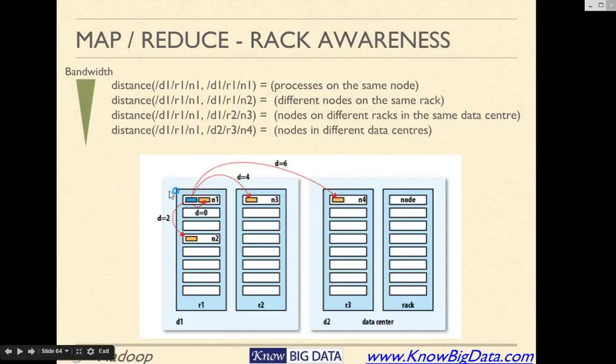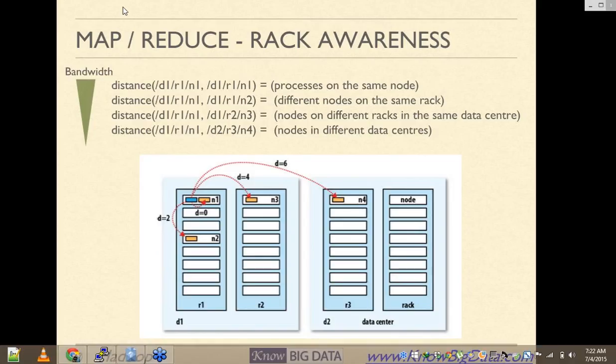Okay, quick question here. D's basically depict data centers, R depicts racks, and N depicts nodes, right? So what is the distance between data center 1, rack 1, node 1, and data center 1, rack 1, node 1?